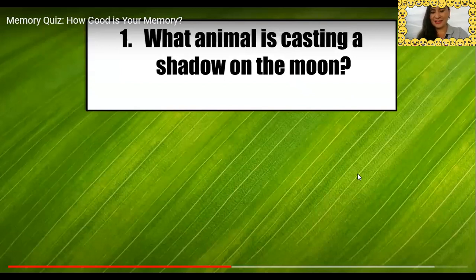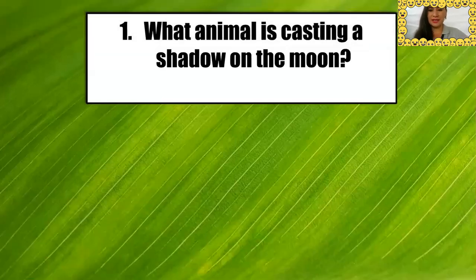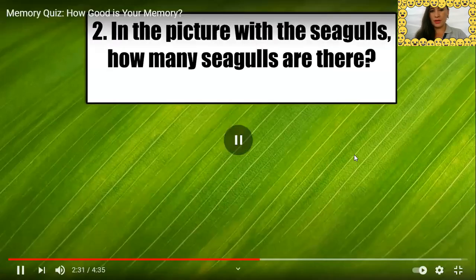Okay, yeah, that's right. Shadow on the moon. Cat. In the picture with the seagulls, how many seagulls are there? Two seagulls.